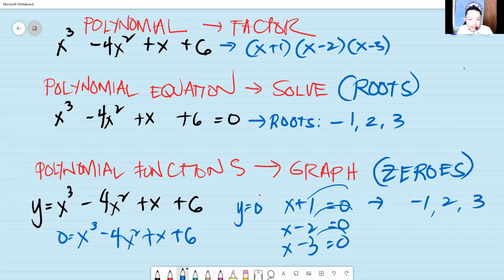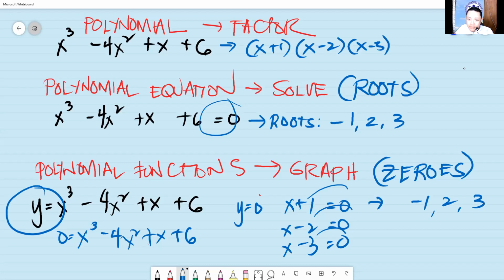So kapag function na, if we are talking about functions, polynomial functions, we do not call them anymore roots, but we call them zeros, if your original given is a function. However, if your original given is an equation, then they are called roots. And just like what I told you, tuhog-tuhog ang lahat ng yan.